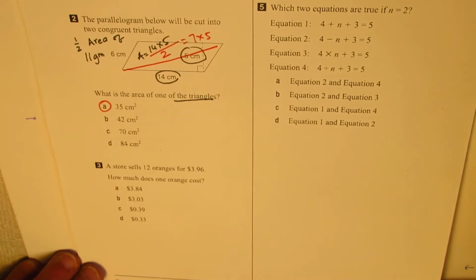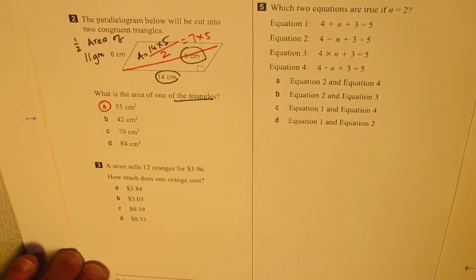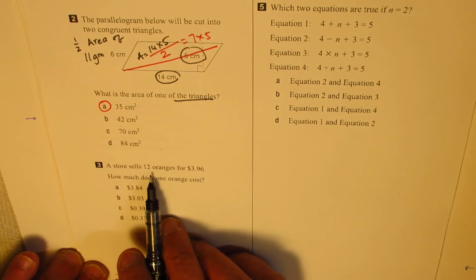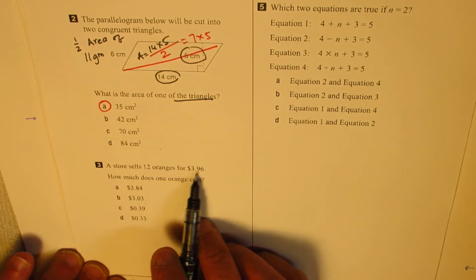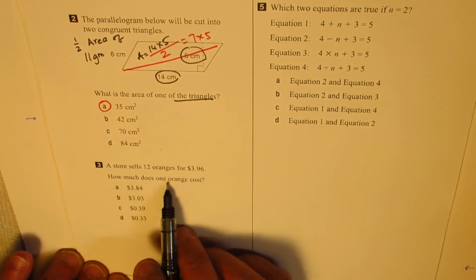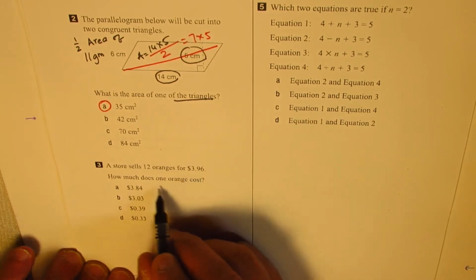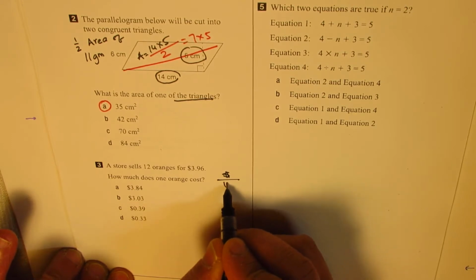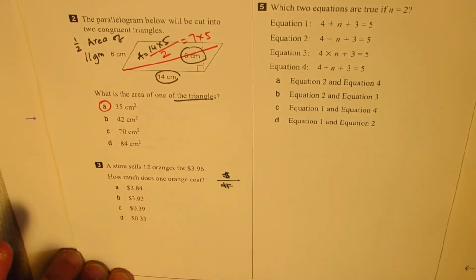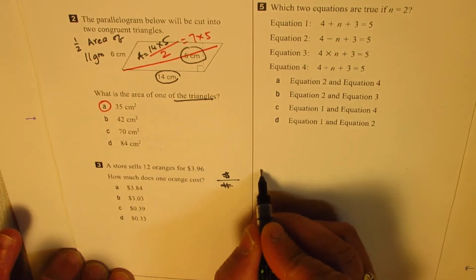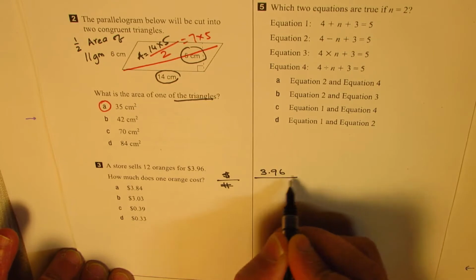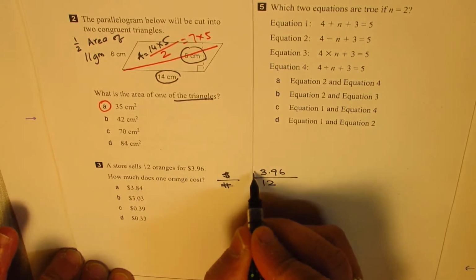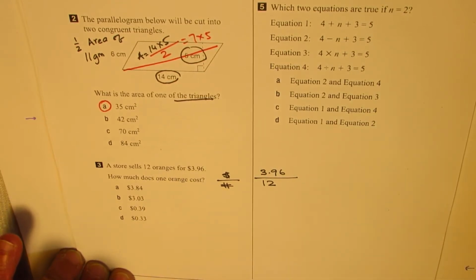Question number 3. I'm going to use a calculator in this particular question. It says, a store sells 12 oranges for $3.96. How much does 1 orange cost? When they say how much will it cost, we have to put dollars on top and numbers on the bottom, correct? That will help you to always get the right answer. The dollars here are $3.96 and the numbers are 12. So many dollars for 12 numbers.